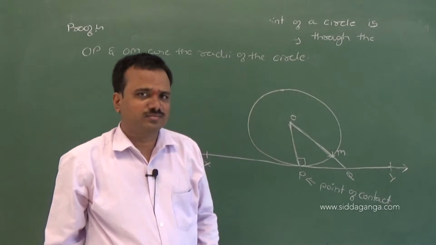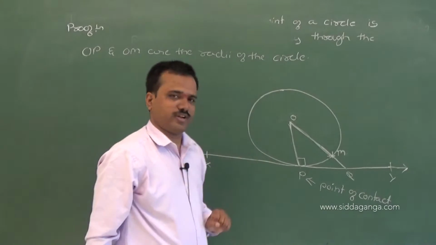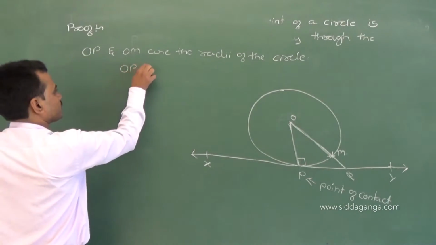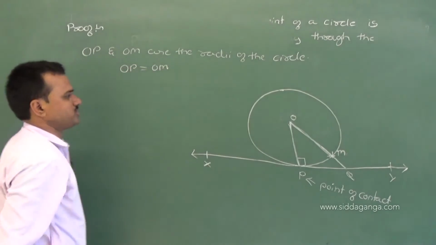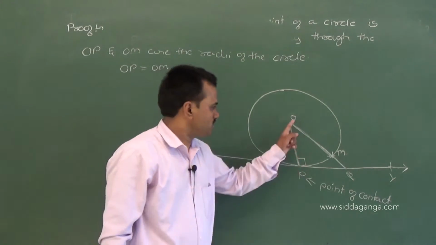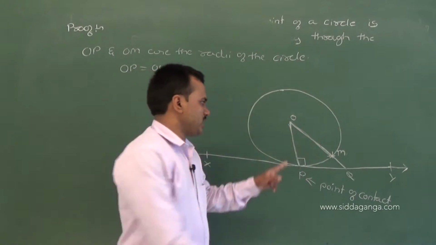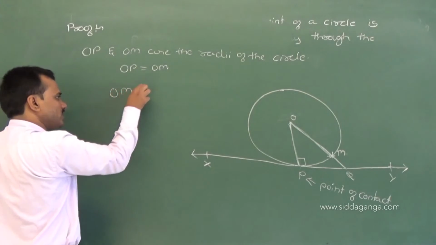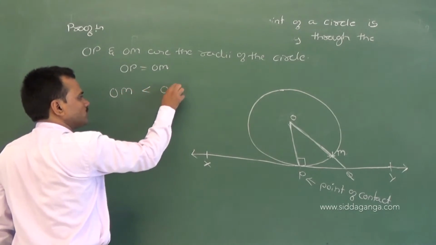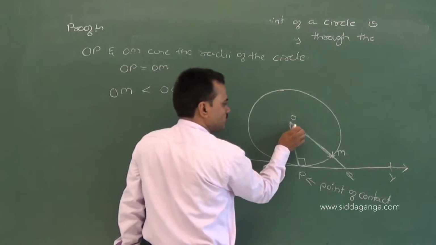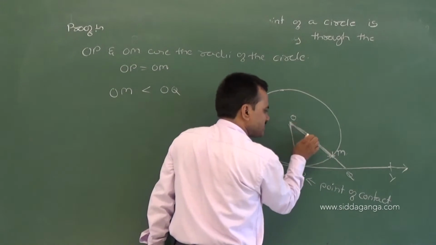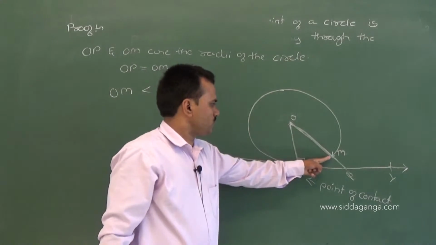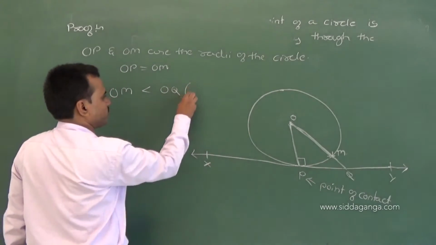In a circle, we already discussed that according to the definition, OP is equal to OM, correct? From the figure, observe very carefully, OM is less than OQ, correct? So the length of OM is less than the length of OQ, from the figure.